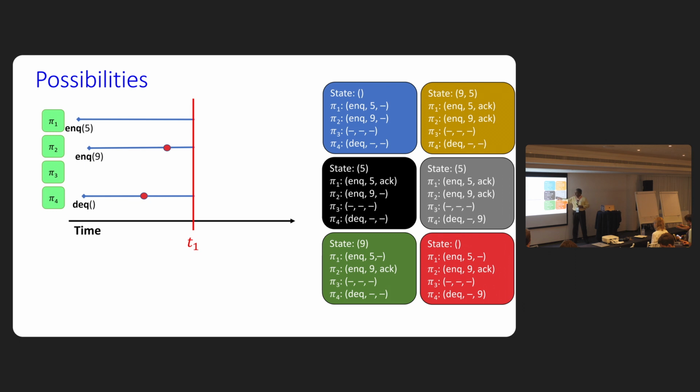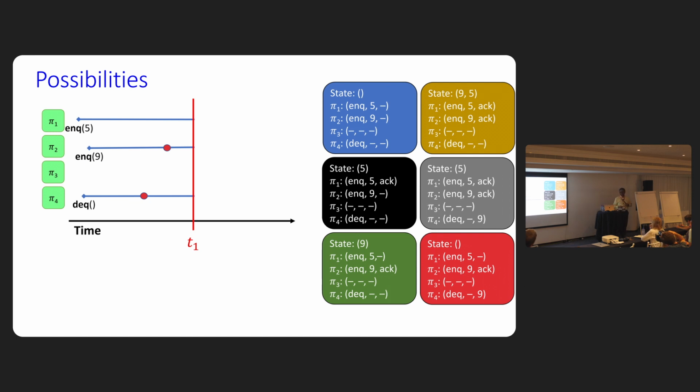It's conceivable that this is true at that point in time, regardless of how things happened in the past. Okay? So this can indeed manifest. So this is consistent with the run that has happened thus far. That's what a possibility captures.